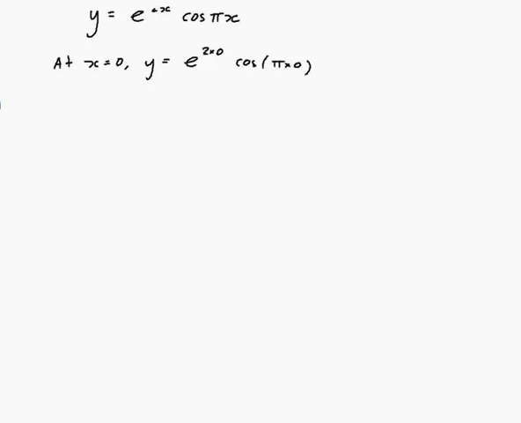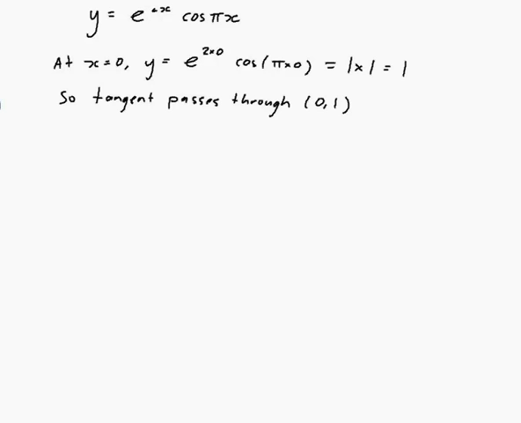Now e to the 0 is 1, cos 0 is also 1, so I get 1. So the tangent passes through 0, 1.